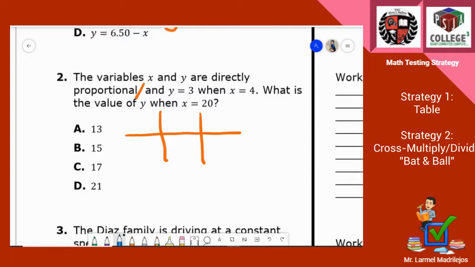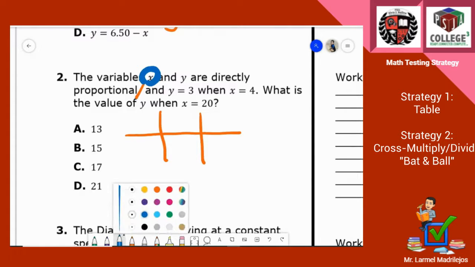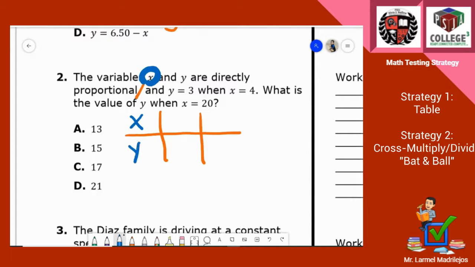Now, the first letter there is X, so I'm going to put X here. And the next letter is Y. On the second statement, they mention Y is 3 when X is 4. What is the value of Y when X is 20?